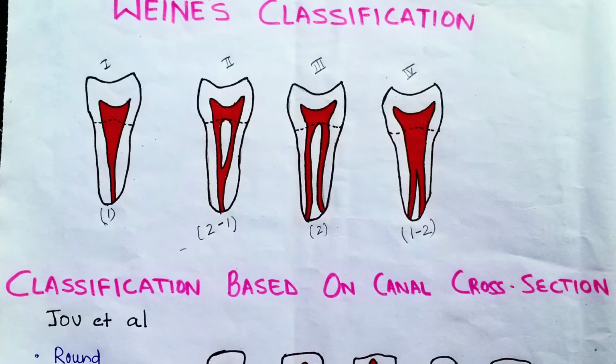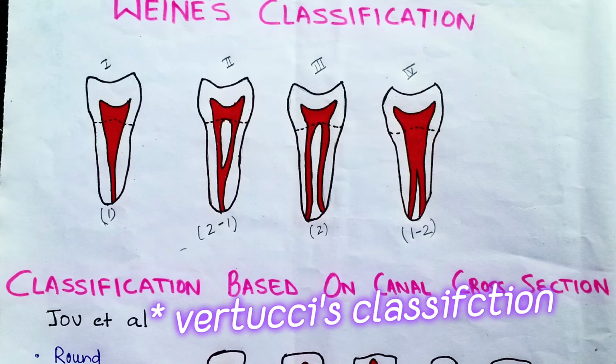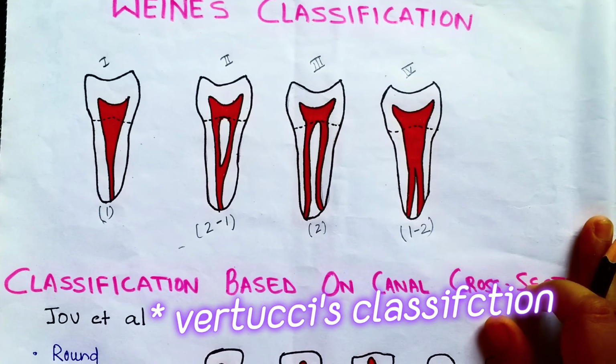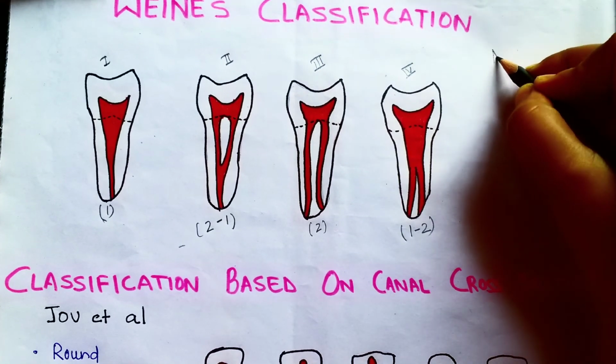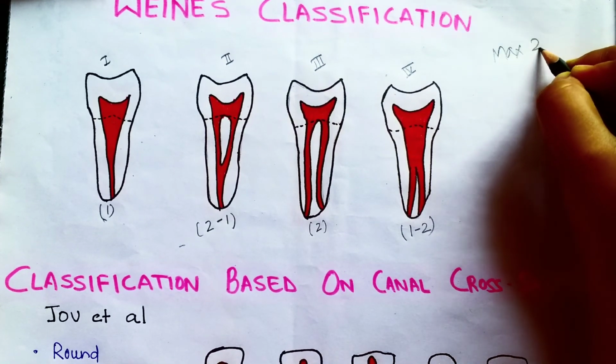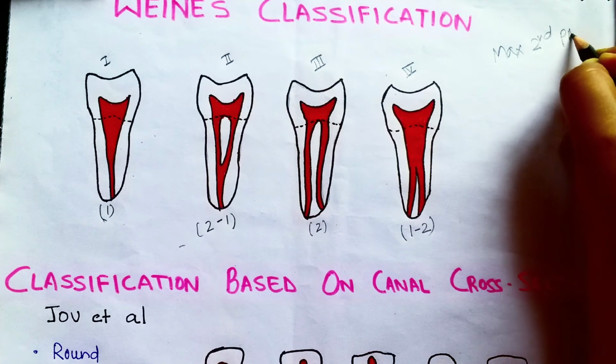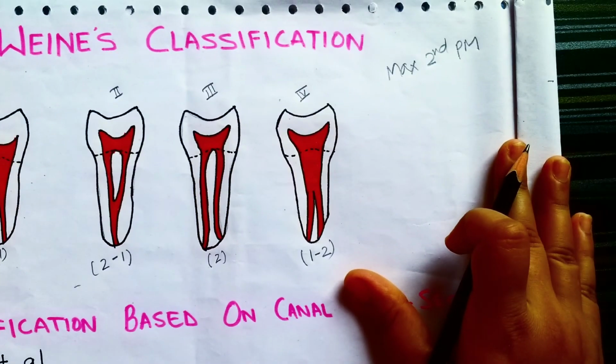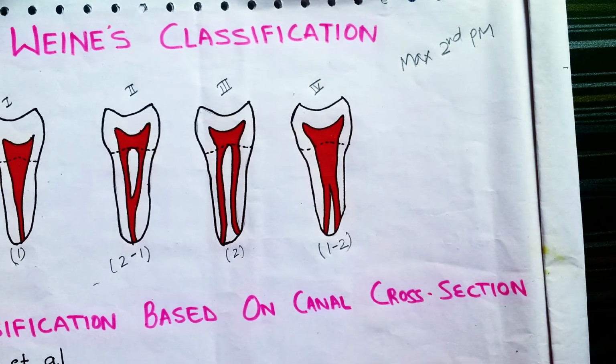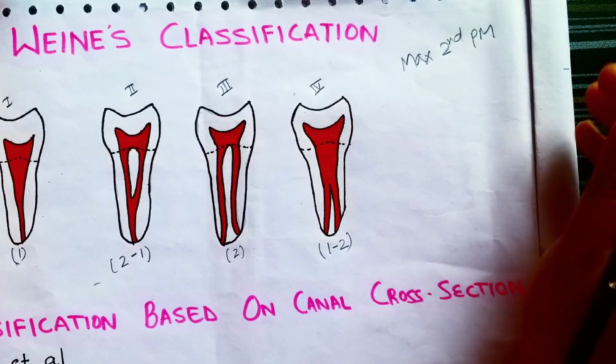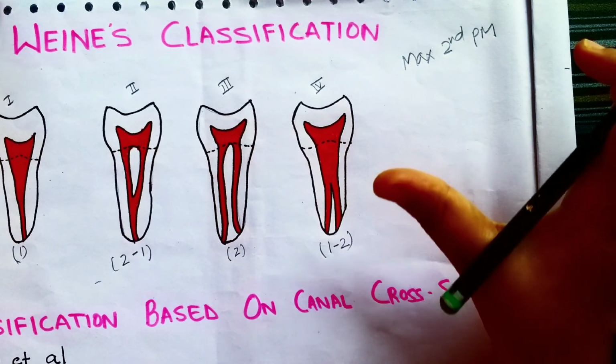One more important question which is usually asked in NEET MDS is, which tooth can have all the 8 possible configurations which we saw in Vertucci classification? And the answer is maxillary second premolar. So our maxillary second premolar is the only tooth which can have any of the 8 Vertucci classification which we have read. So that's all for today.